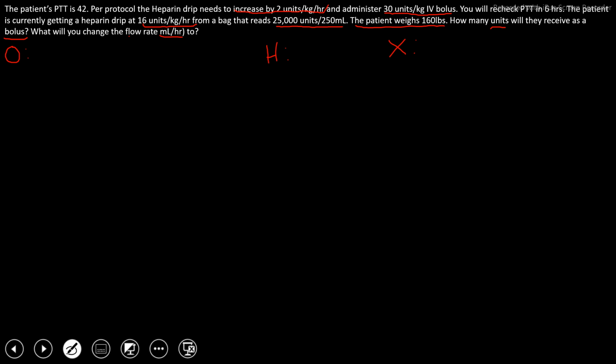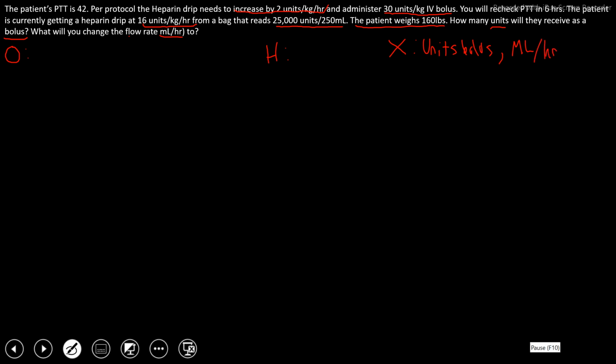We have 2 of them, so this is going to be a 2-part problem. So our first X will be our units for our bolus. And then our second X will be our new flow rate, which will be in ml per hour.